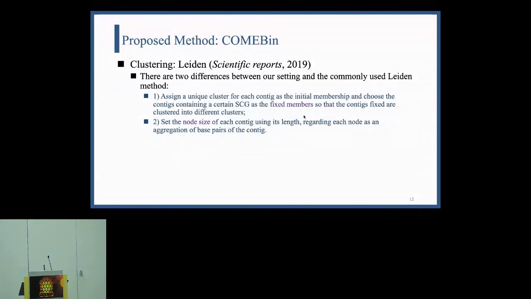This is motivated by the fact that contigs that harbor the same single copy gene are derived from different genomes. Secondly, we set the node size of each contig using its length, regarding each node as an aggregation of the base pairs of the contig.